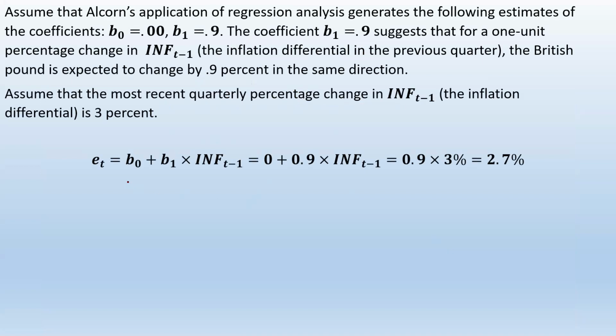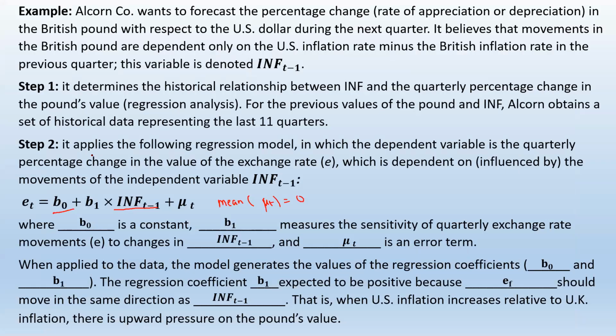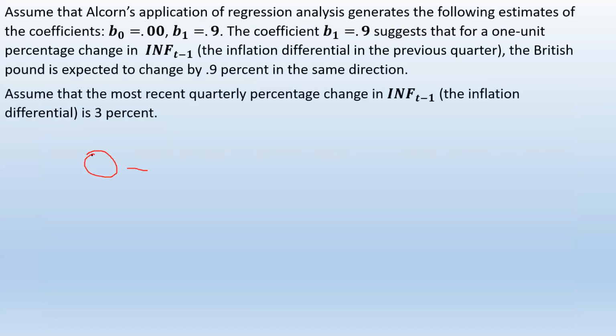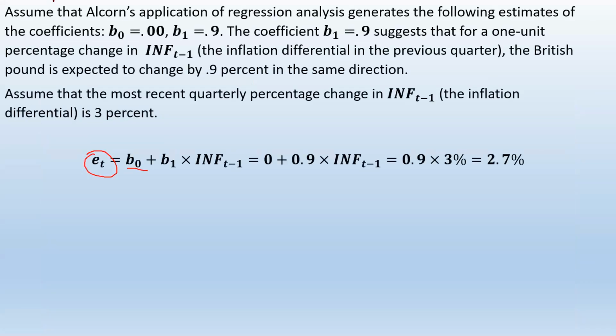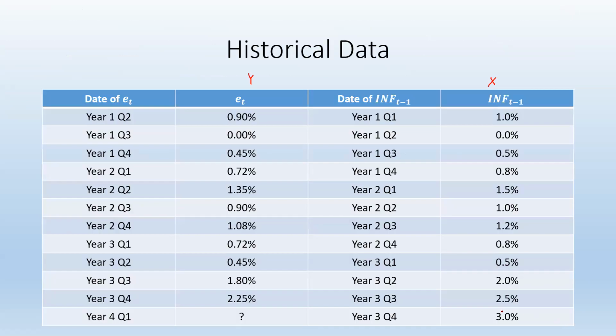So this is our regression model for the percentage change of the British pound: it equals B0 plus B1 times the past quarter's inflation differential. B0 equals 0, B1 equals 0.9, and the past quarter's inflation is here. It's 3%.